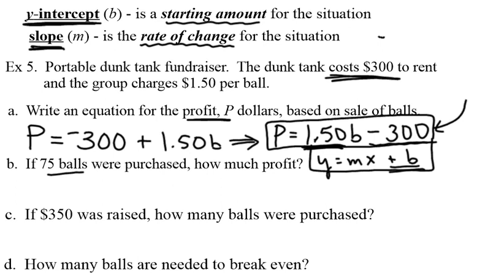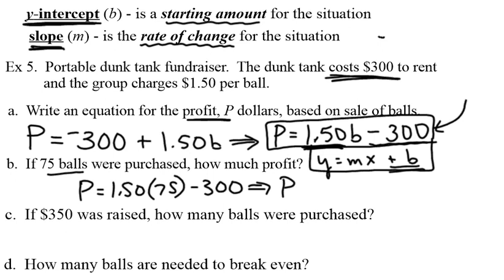If 75 balls were purchased, profit would be $1.50 times 75 balls less the starting amount of 300. And if you do the math there, it's going to work out to be negative $170.50. So they haven't sold enough at 75 balls to make their money back.